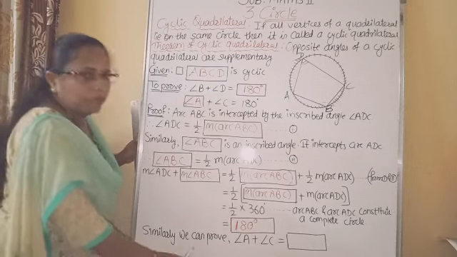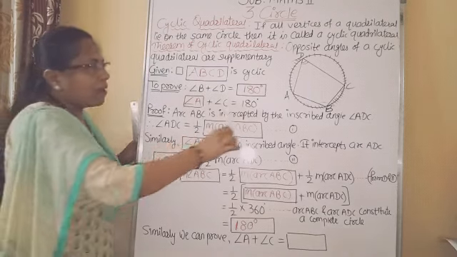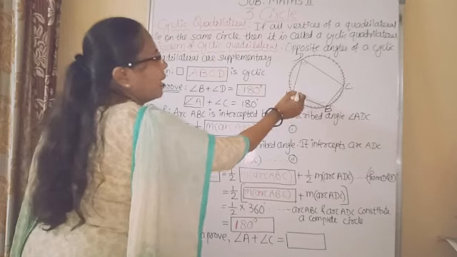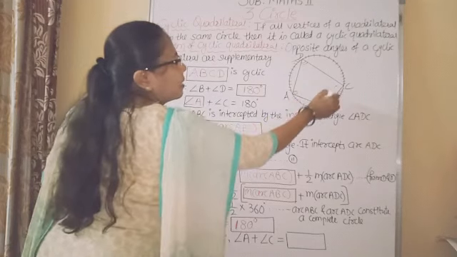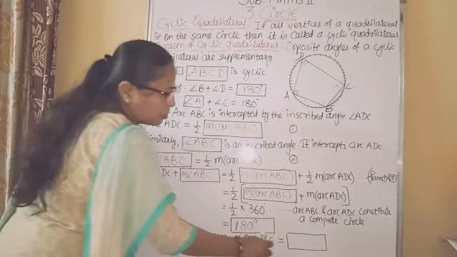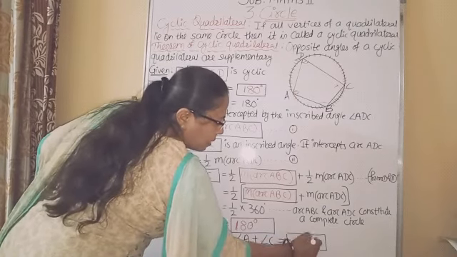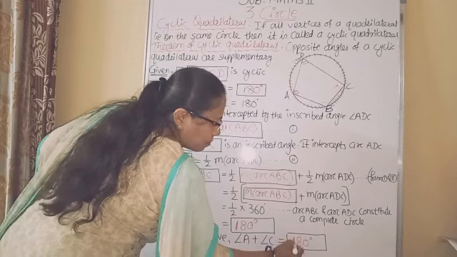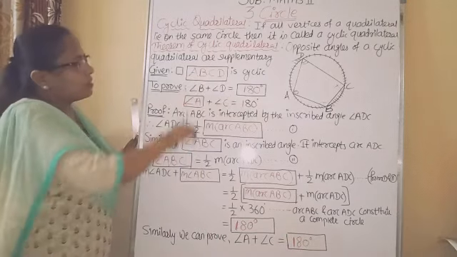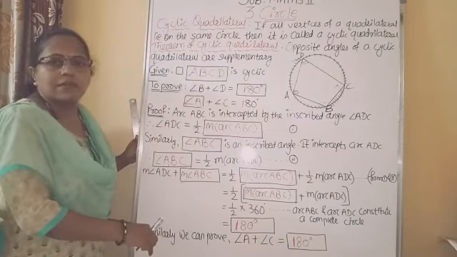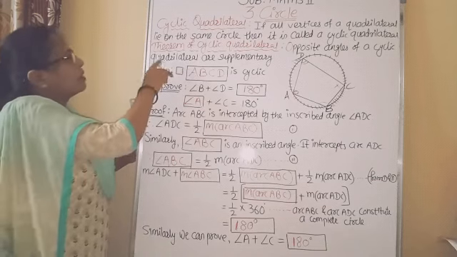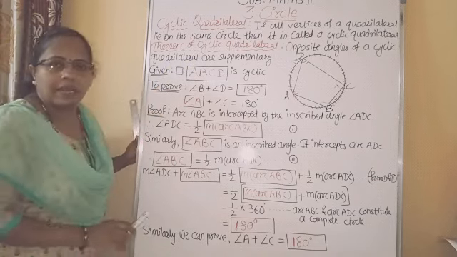Similarly, we can prove for the second pair of opposite angles, angle A plus angle C is also supplementary, equal to 180 degrees. So this way you have to complete this theorem of cyclic quadrilateral.